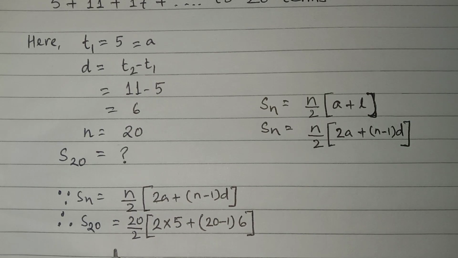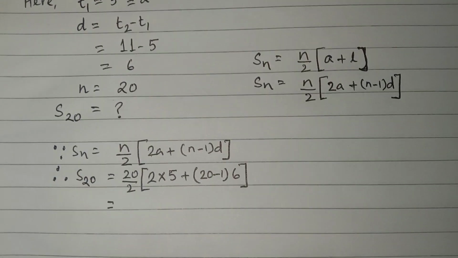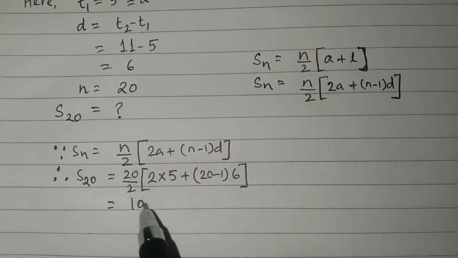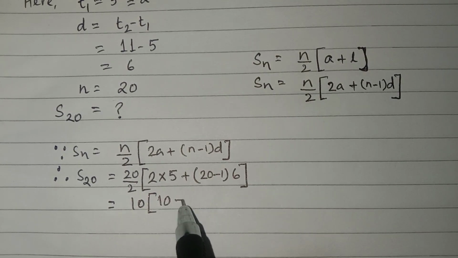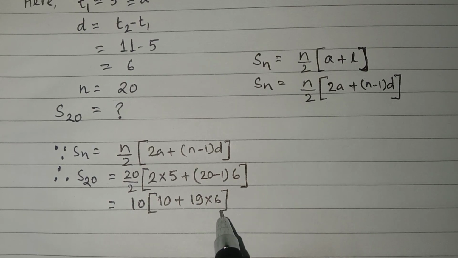Okay, so here we get 20 divided by 2 is 10, times (2 times 5 is 10, plus 19 into 6).